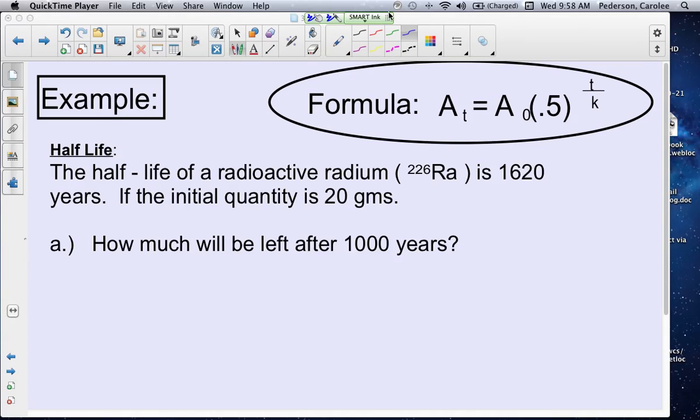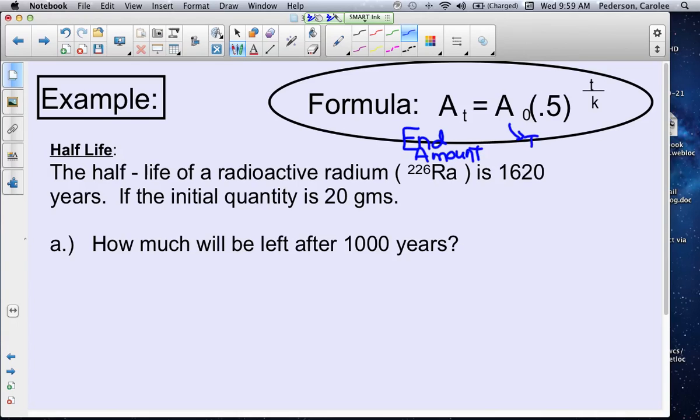So the A sub t is very similar to our word problem that we just did, the population problem. It's the end amount. Or if you think about compounding with money in a savings account, after you've saved it for 5 years, what would be the end amount after 5 years? A naught represents your initial amount, where you're starting at. Then 0.5 represents the half-life.